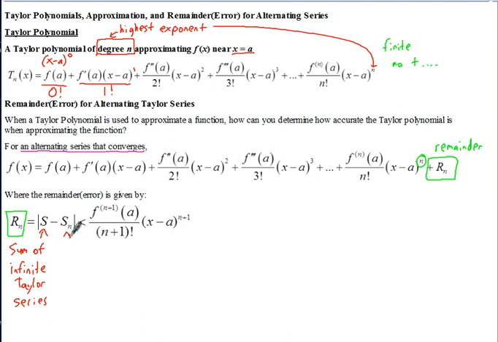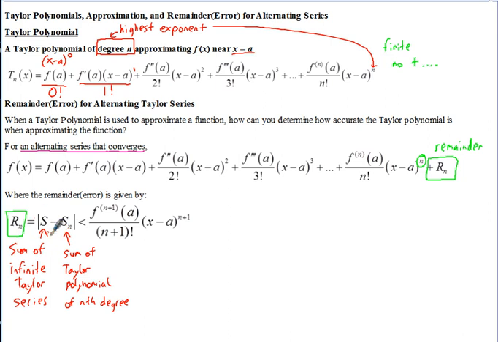And S sub n represents the sum of the Taylor polynomial of nth degree. So by subtracting those, we're saying, well, this is the actual sum, this is what our sum was with the Taylor polynomial. Subtract them, that tells you how much you're off by, or what the remainder error is.